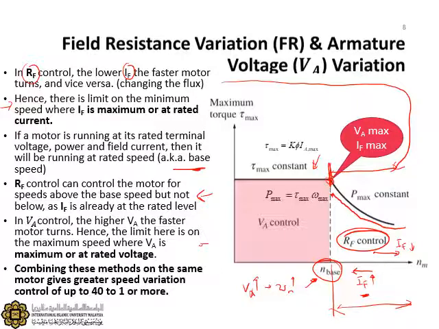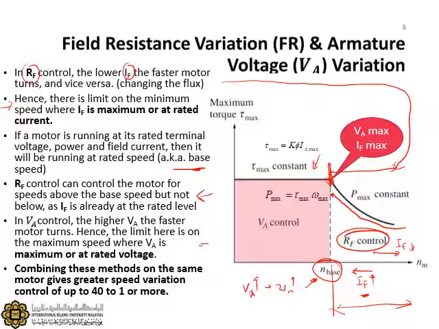So as the VA is increased, the motor will run faster. However, again there will be a limit. The limit is the rated voltage. So you can increase VA until it reaches the rated voltage. You cannot go beyond that.